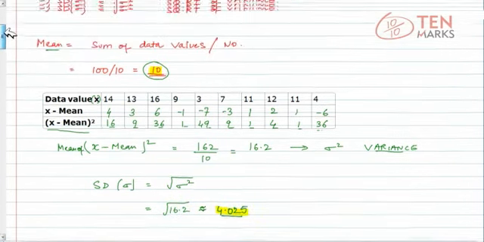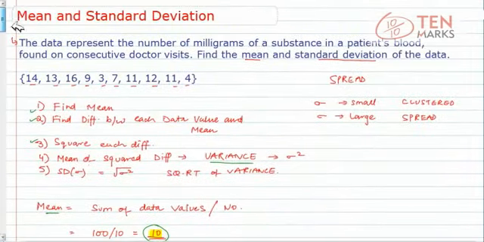So here's a quick recap of what we've done and the key points to remember. If you have a set of data and you need to find the standard deviation, first find the mean of the data. Mean is the sum of the data values divided by the number of values. Next, find the difference between each data value and the mean, and write all of those differences down.